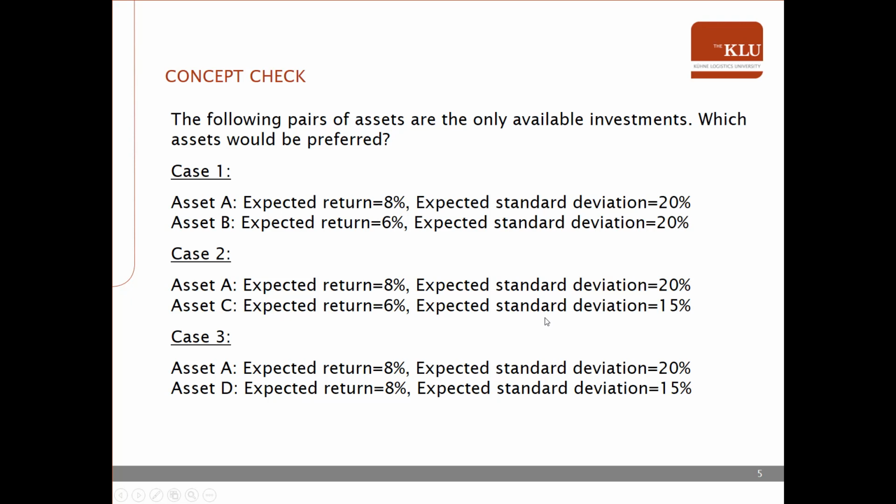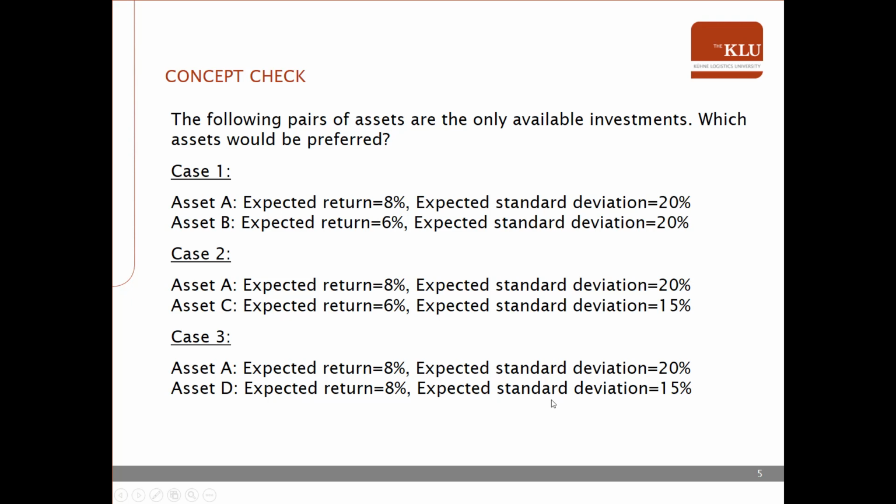Here we have a case where we cannot make a clear decision without knowing what the risk-return trade-off is. So does asset A compensate us enough for the additional risk? So that we don't know at this point, so we cannot make a clear decision between asset A and asset C.